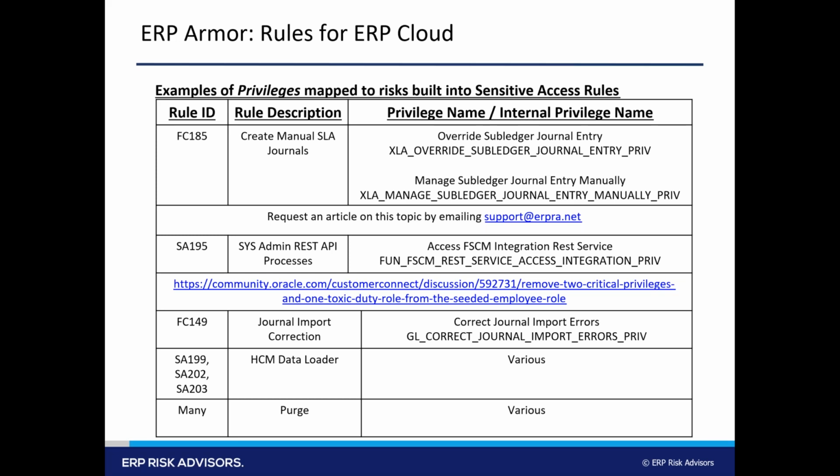Because it's a subledger journal entry, when the reclass entry is done, the subledger journal entry is not going to be set up to go through journal approval workflow in what's called the journal sources configuration. So this reclass entry that is built uses the same source, and that same source not being subject to the journal approval workflow effectively gives them the ability to create what is like a manual journal entry, but that manual journal entry is not subject to the journal approval workflow process.